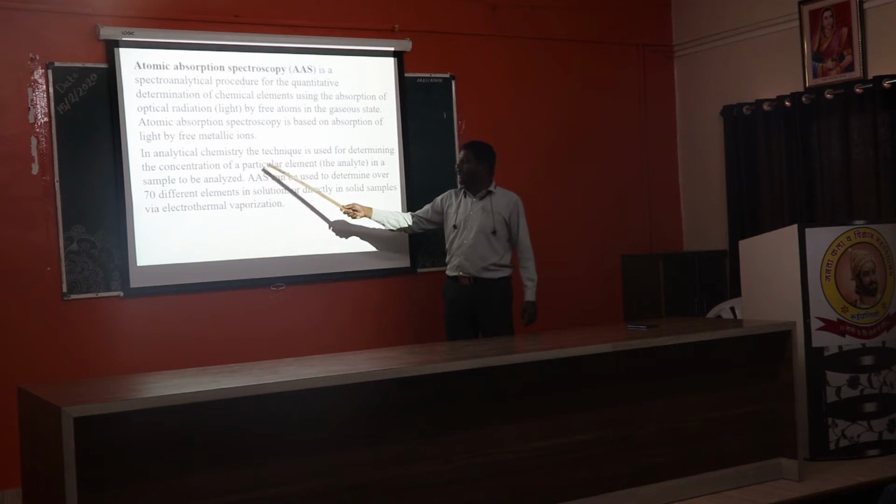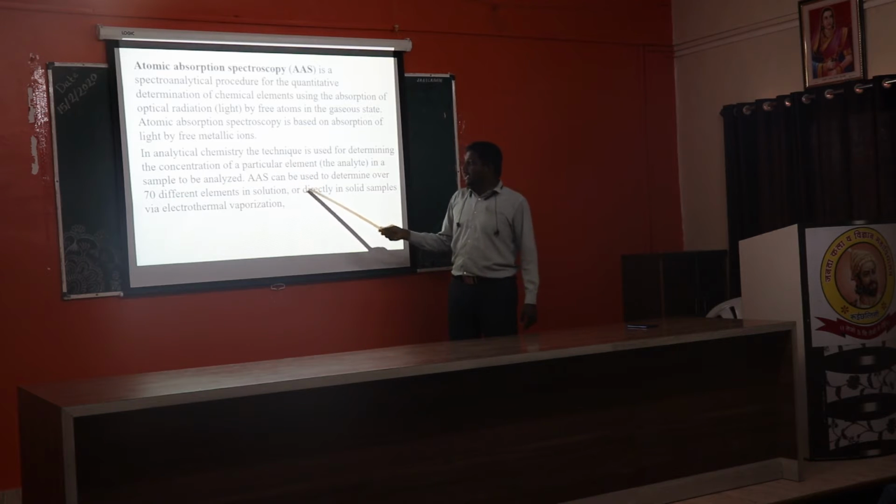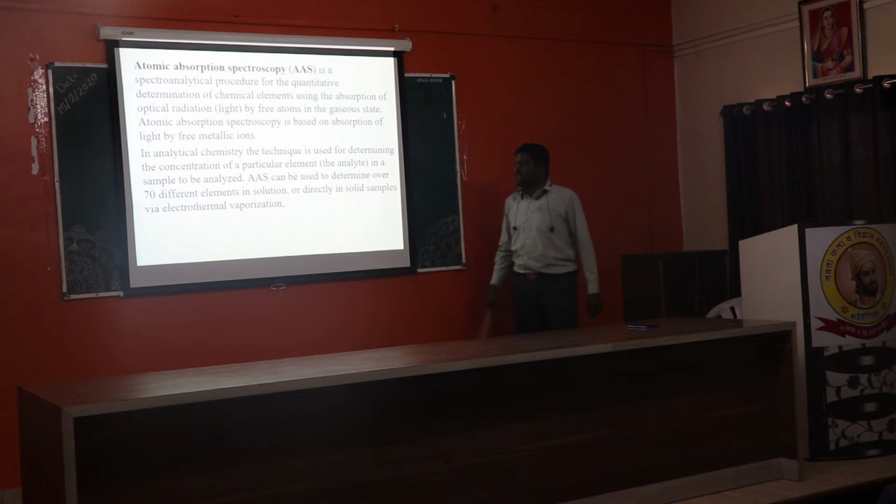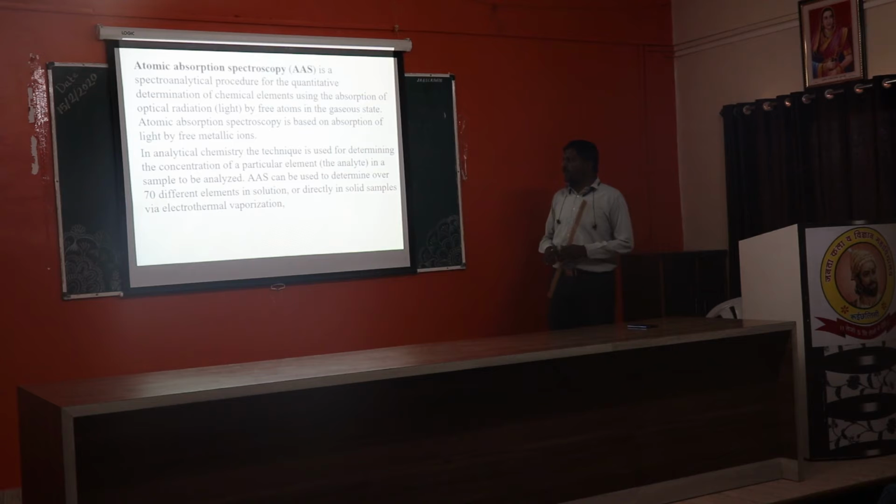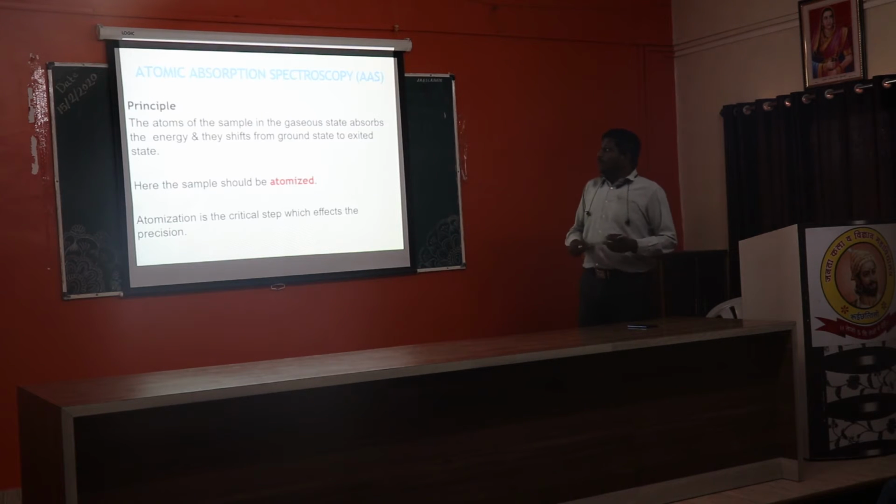When you analyze the sample, you can find out the concentration of a particular element. AAS can be used to determine over 70 different elements in solution or directly in solid samples via electrothermal vaporization.